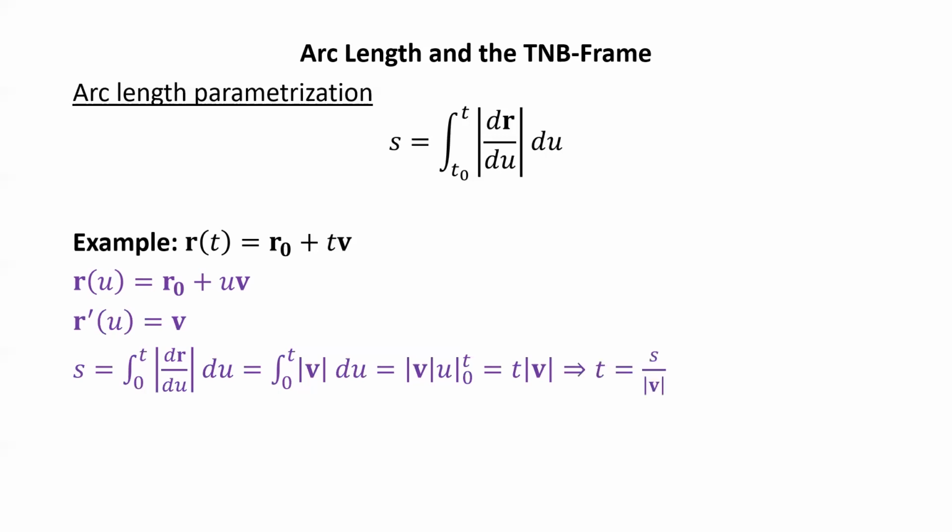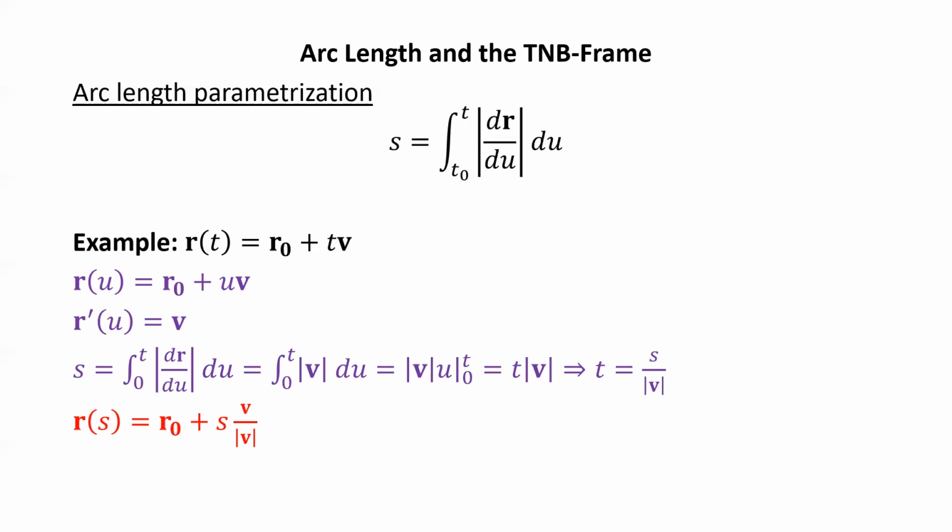It follows that we can express t in terms of s as t equals s over the length of v. So we replace t by s over the length of v in our original parametrization to get our arc length parametrization. R of s equals r0 plus s times v over the length of v.